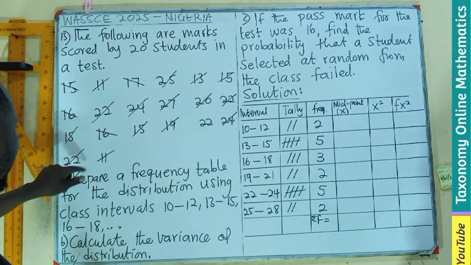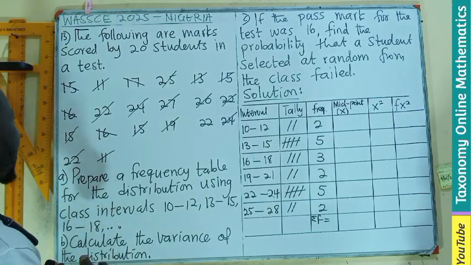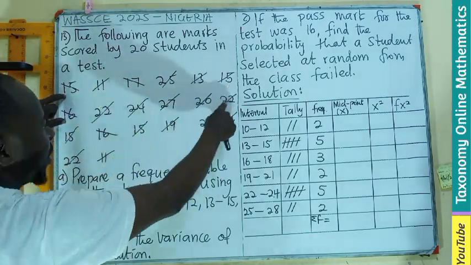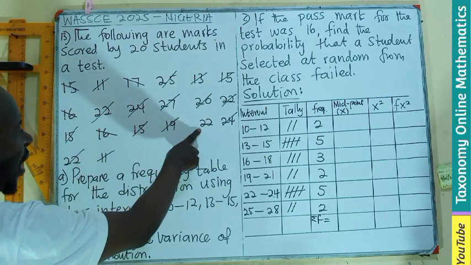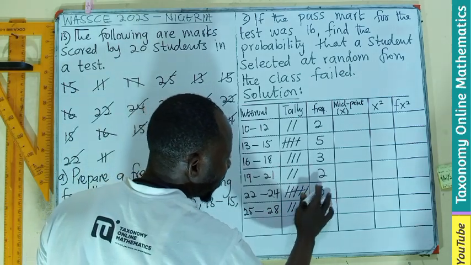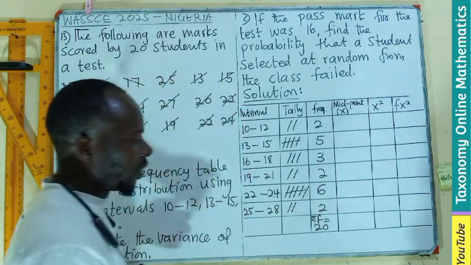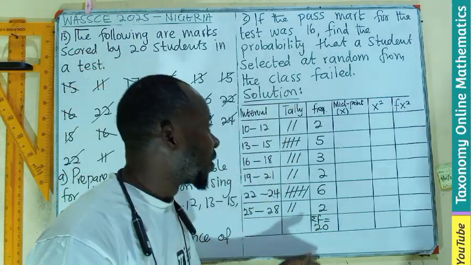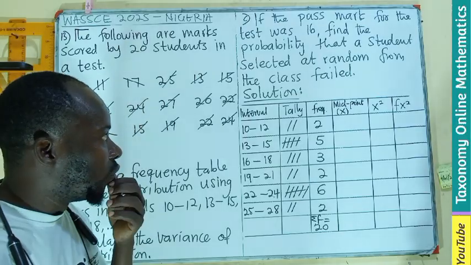Let's cross check again and see if we missed something. 4, 5, 6. So this is supposed to be 6, giving a total of 20. It is always good to cross check and see whether your tally and frequency correspond to the number of data given to you.